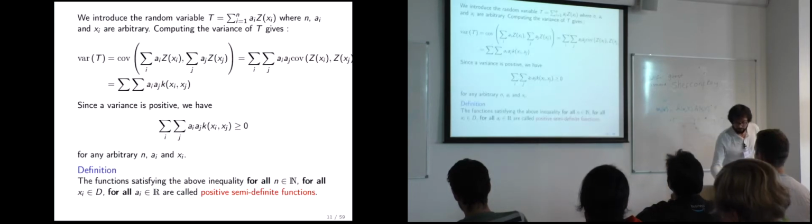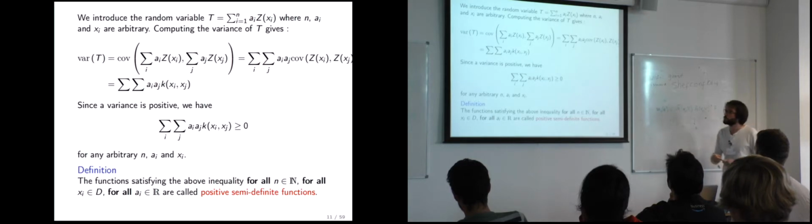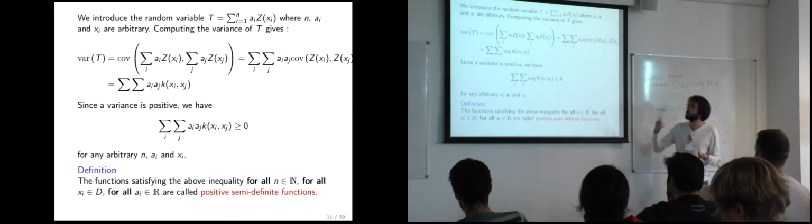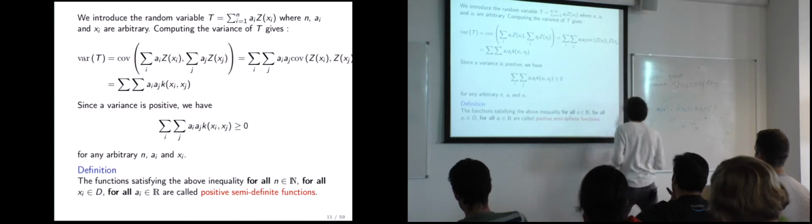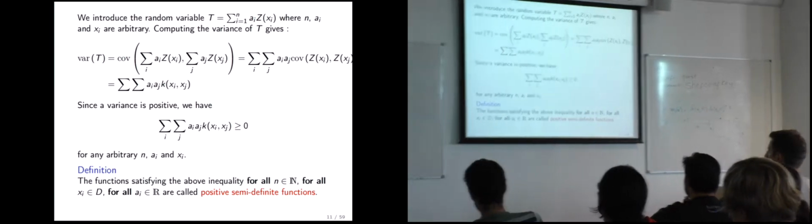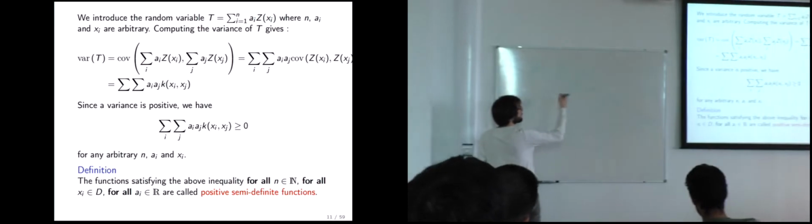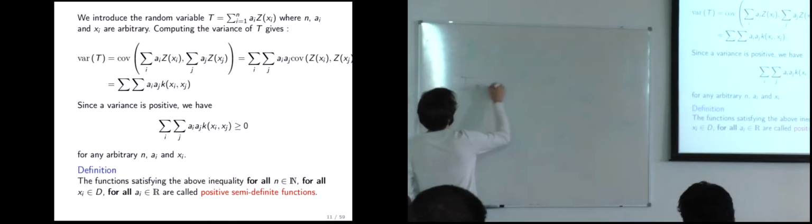We can obtain a finer result by proving that the kernel has to be positive semi-definite. If we look at this random variable, you take a GP, you evaluate it at some points, and you construct a random variable like that.